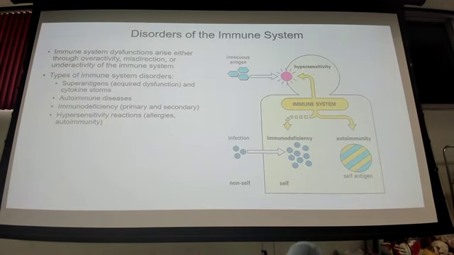Okay, so disorders of the immune system. This is just a small primer on a very big topic. I think some of this you'll pick up in other courses down the road, so it's just an intro to some of these things, getting at the water's edge of this course. There are a couple of different categories of how we define disorders of the immune system. The first really isn't a disorder of the immune system at all.